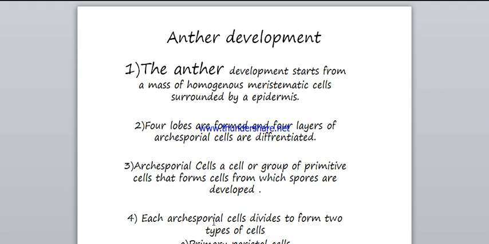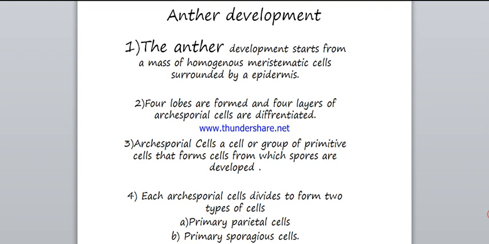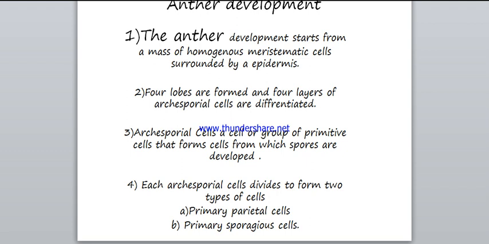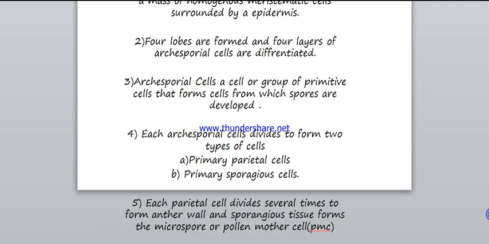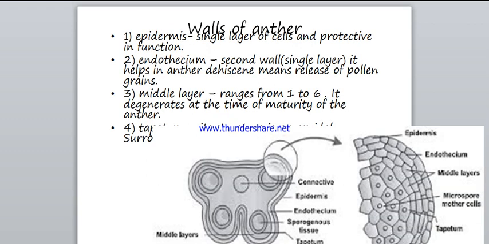Each archesporial cell divides to form two types of cells: first is the primary parietal cell and the second is the primary sporogenous cell. Now fifth point, each parietal cell divides several times to form the anther wall, and sporogenous tissue forms the microspore or pollen mother cell. Now it will be cleared.